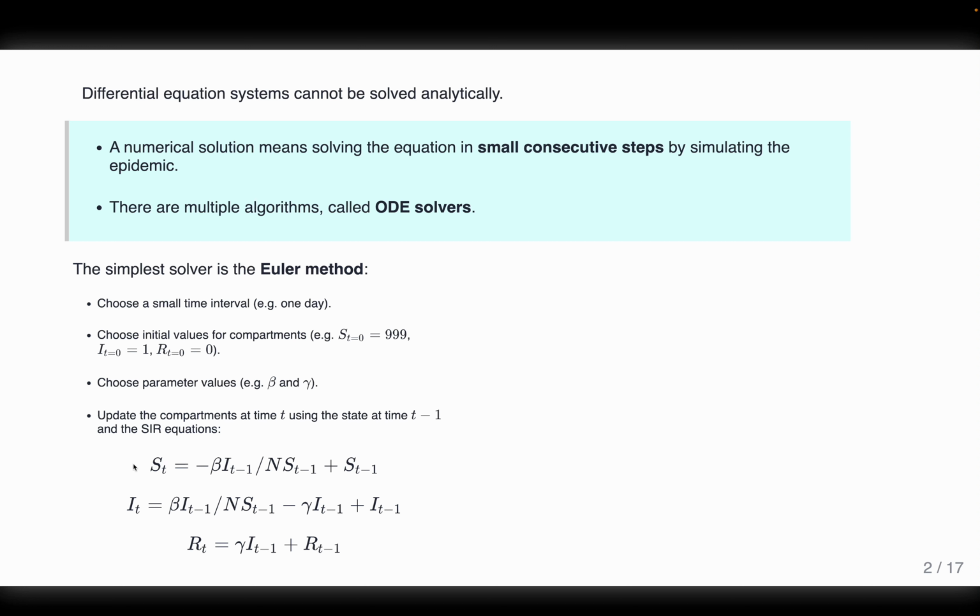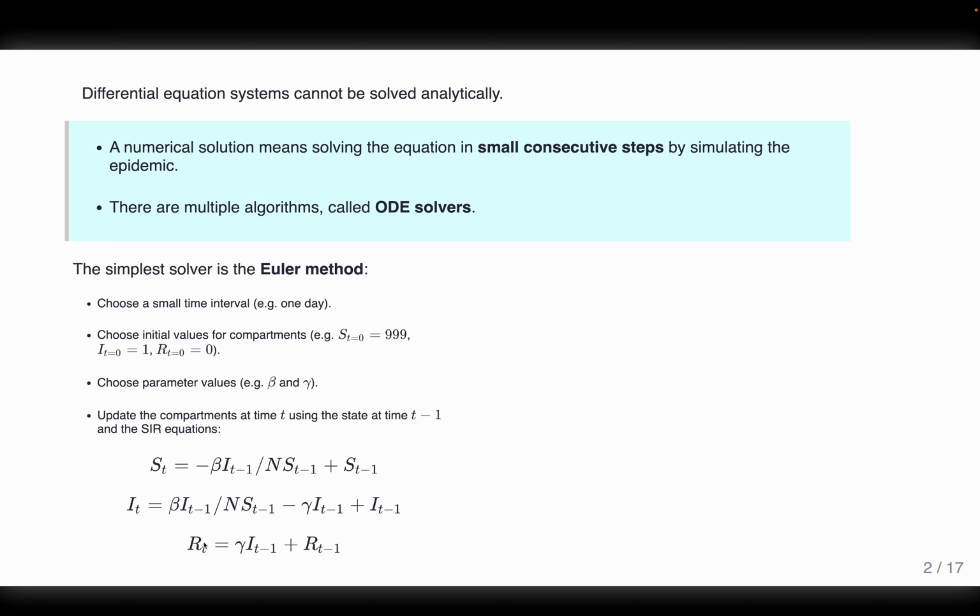For the susceptibles, we just decrease by an amount of cases given by lambda, that is beta times I over N, multiplied by the number of susceptibles. Then we add these cases to the infected compartment, we remove those that recover, and we add those that recover to the recovered compartment.